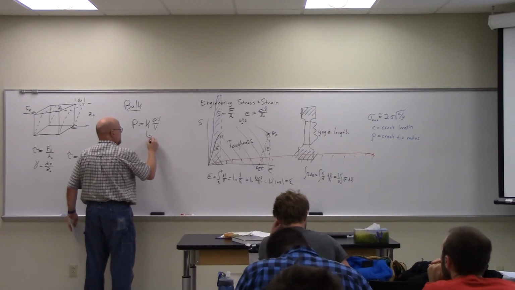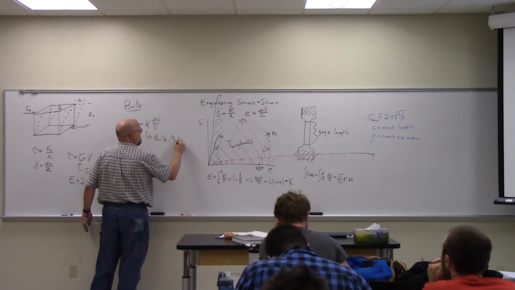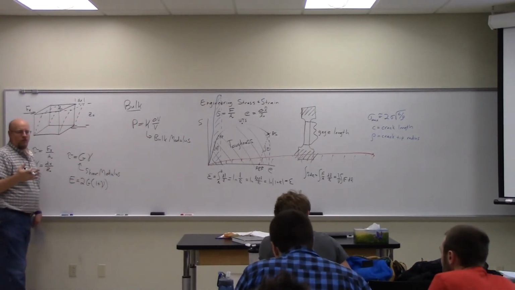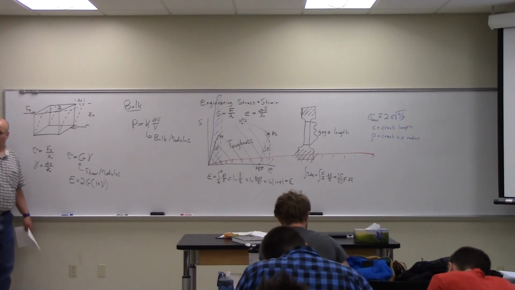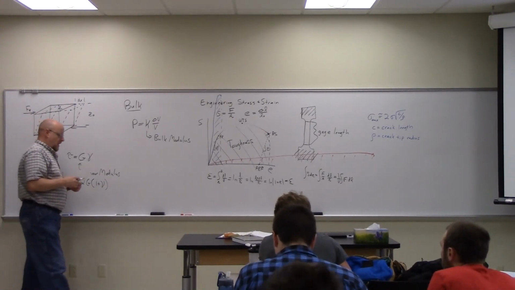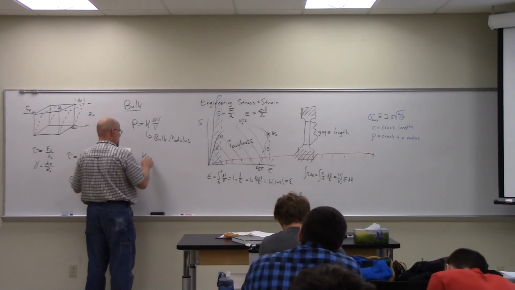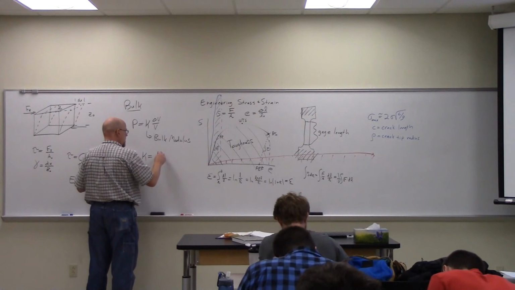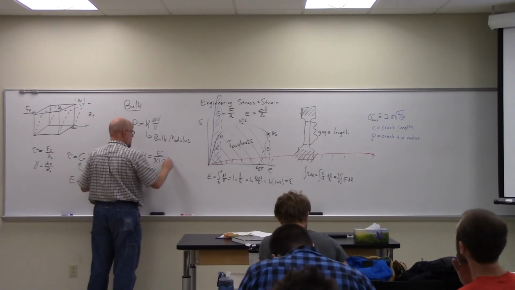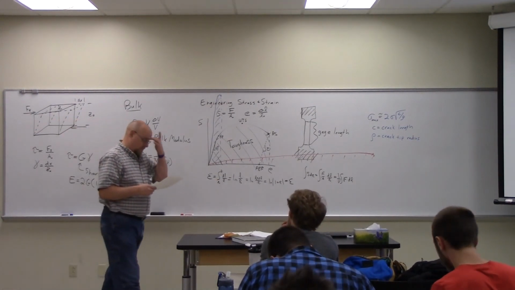And again, this is the bulk modulus. P is hydrostatic pressure, but again, it's in units of force per unit area, same as this. And just as I said before, everything's defined by 2 terms: K equals E over 3 times 1 minus 2 nu. So that's related to the other things as well.